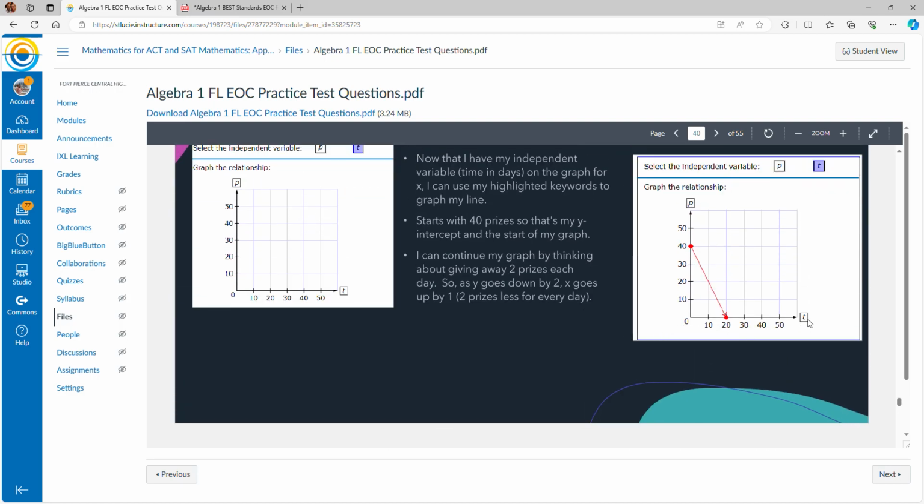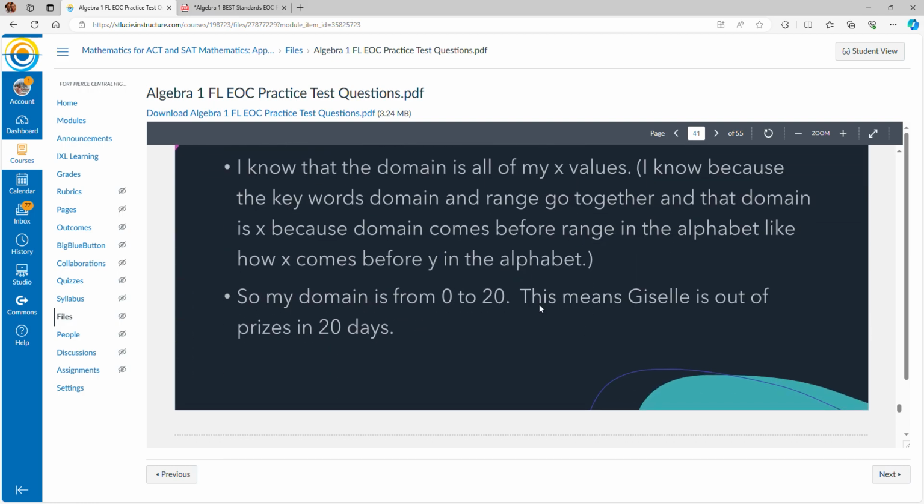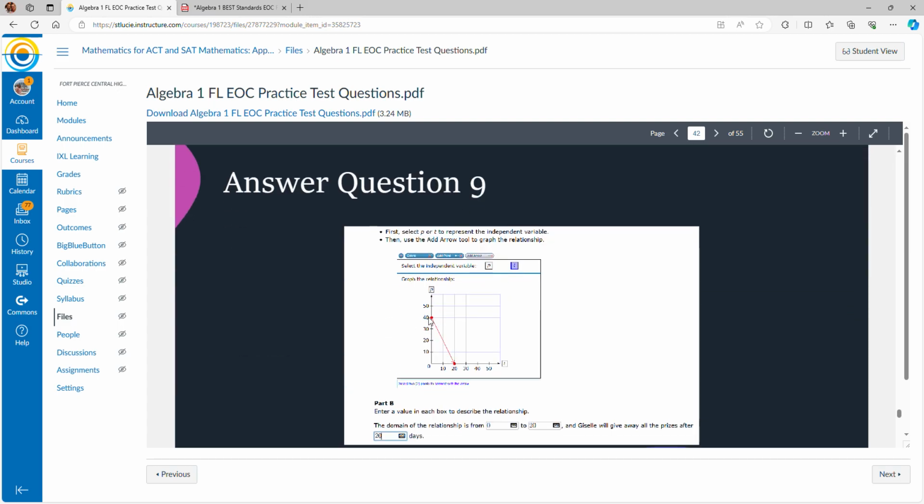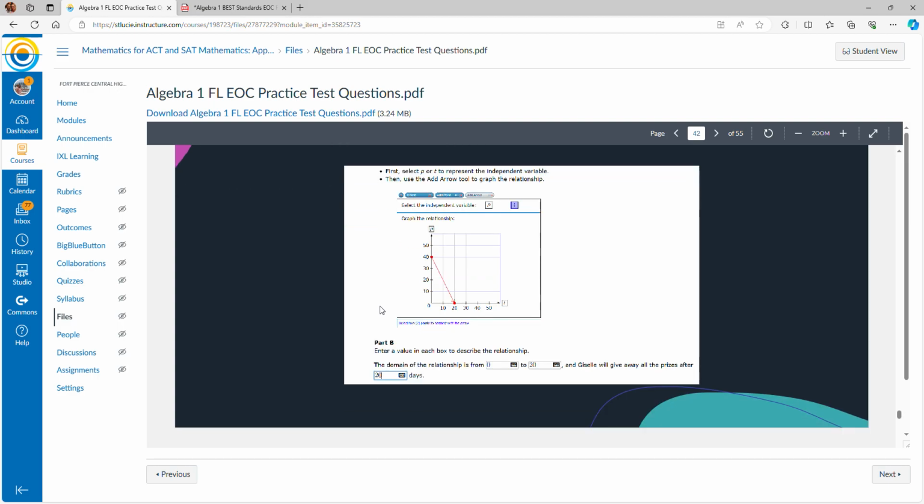My X values, my T values go from 0. She could have 0 days up to 20 days. So my domain is from 0 to 20. This means Giselle is all out of prizes in 20 days. So I was able to graph those. Domain 0 to 20. Giselle will give away all the prizes after 20 days.